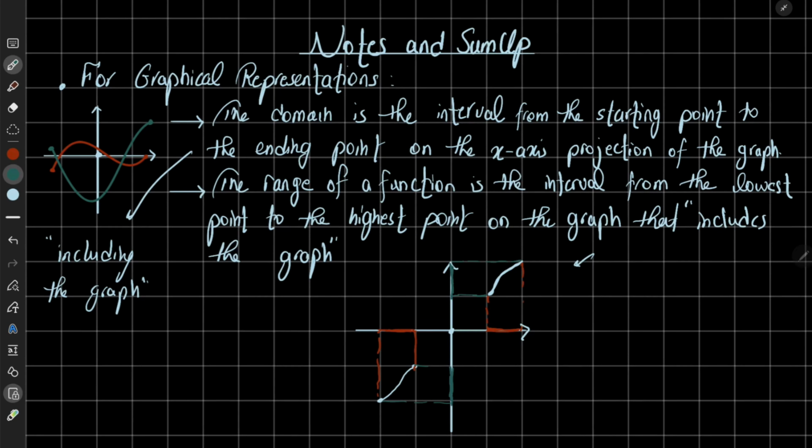This leads us to determine that the domain of definition of this function is this interval added to this interval, while the range of this function is this interval added to this interval.